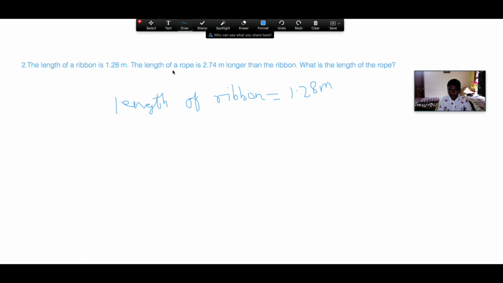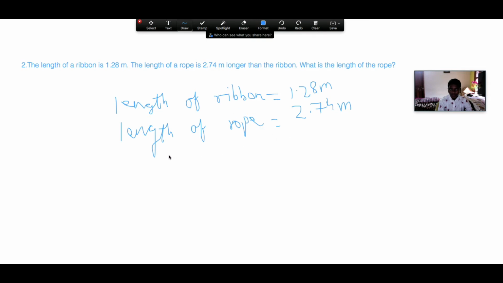Okay friends, the length of a rope is equals to 2.74 meters longer than the ribbon. So it is 2.74 meters. So friends, here we should calculate the rope and the ribbon total.